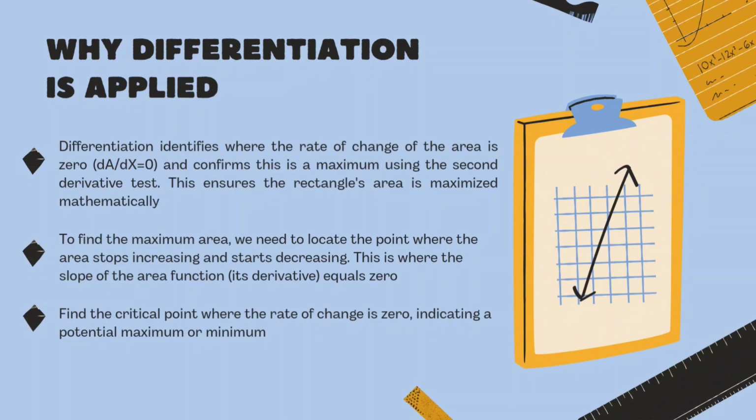Not only that, but to find the maximum area, we need to locate the point where the area stops increasing and starts decreasing. This is where the slope of the area function equals 0. Lastly, we find the critical point where the rate of change is 0, indicating a potential maximum or minimum. That's all from me. I'm going to pass to Alif.